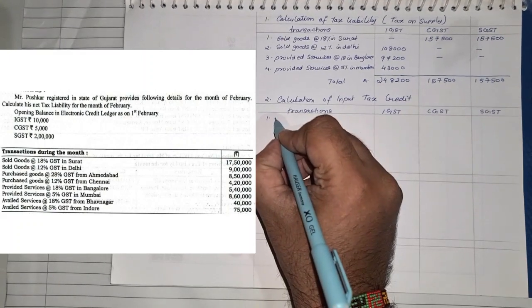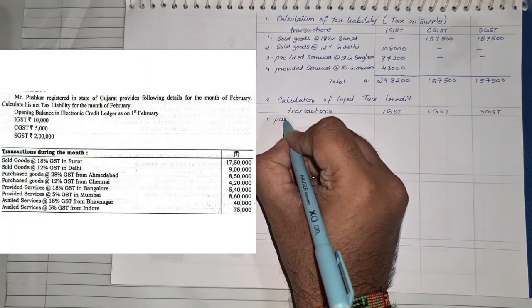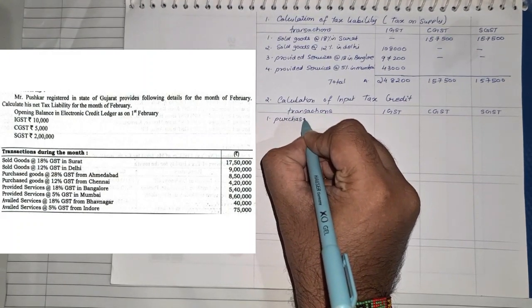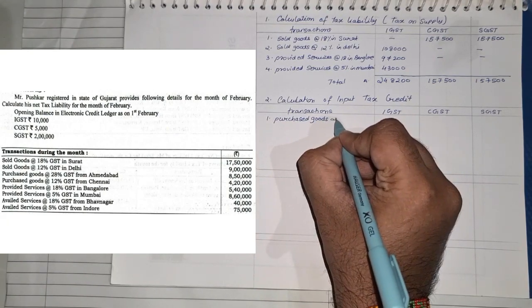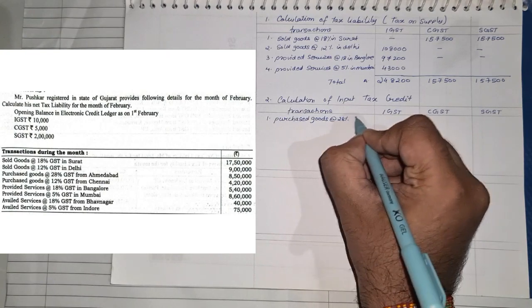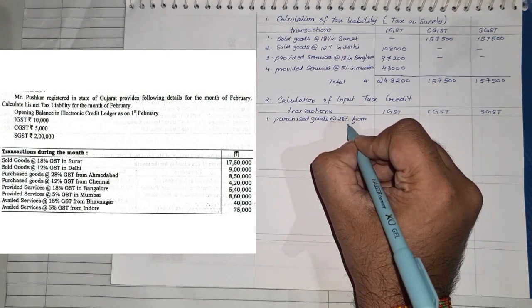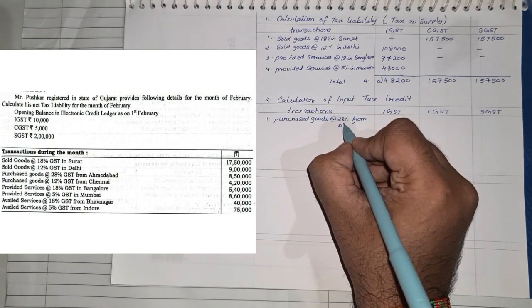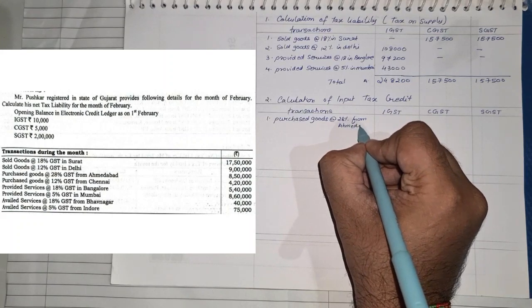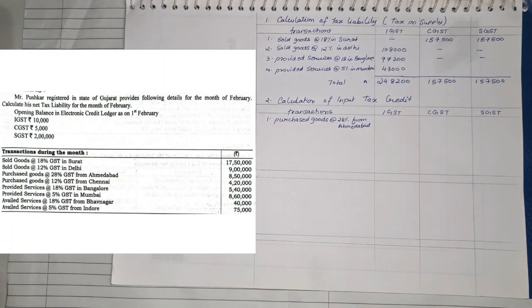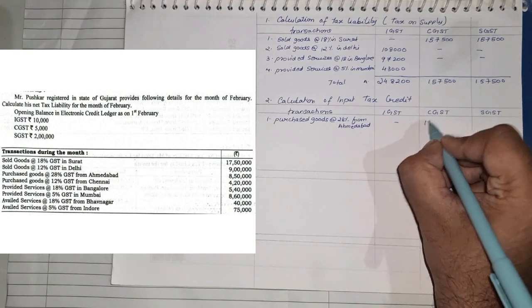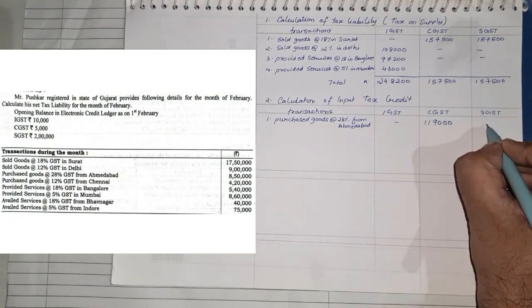So I'll write here: purchase goods at 28% from Ahmedabad. So 14% each, the value is 8,50,000 into 14%, which is 1,19,000.